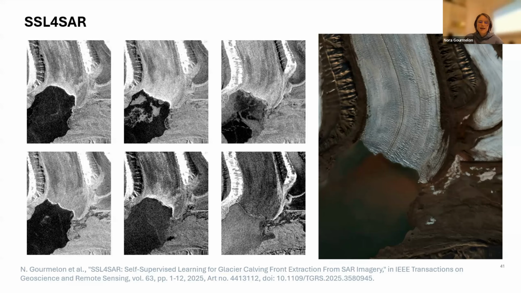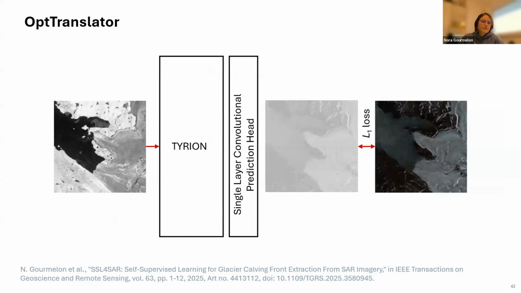And with that dataset, I was able to come up with two different pre-training strategies. One we call Opt-Translator, and that is actually very, very easy to understand. We take our new architecture, Tyrion, we add a single layer convolutional prediction head, and the task is then to translate from the SAR image to this one optical image of the glacier.